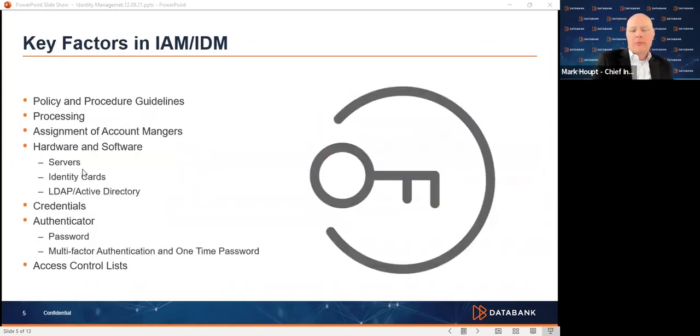So after we move beyond just that basic understanding of what IAM and IDM is, let's take a look at a couple of key factors that play into an effective IAM scenario. First of all, policies and procedures and guidelines are absolutely essential to an IAM program that is mature and well built. We can get those policies from multiple different sources, such as NIST.